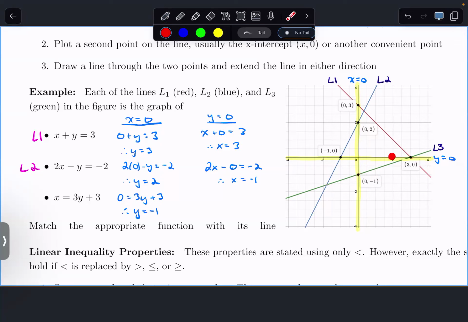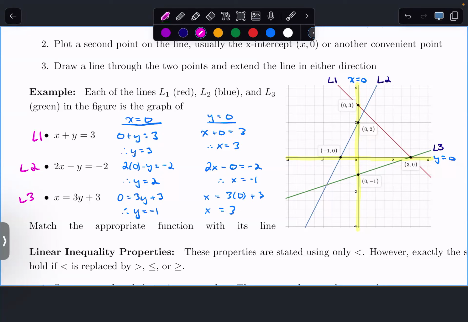And when I let y be 0, I'm expecting x to be 3. So x is 3 times 0 plus 3, which means x is 3. So I'm ready to commit that that's going to be line 3. Nice.